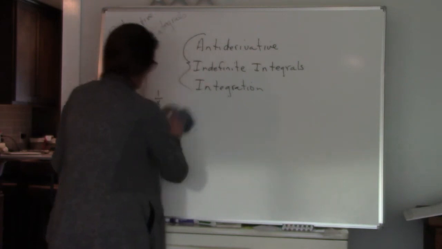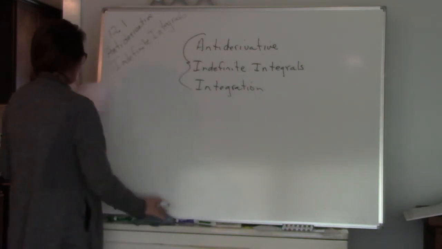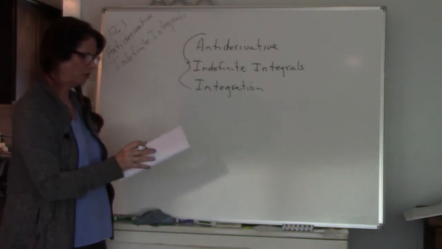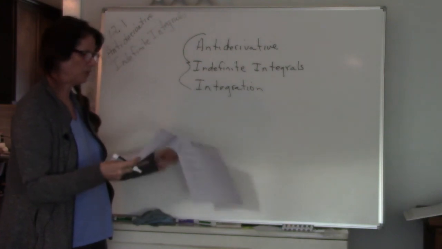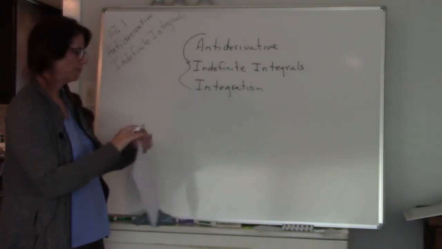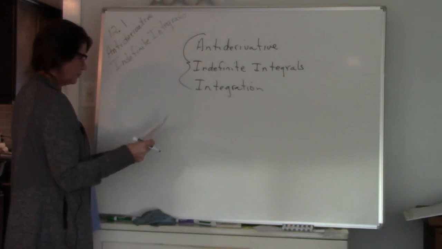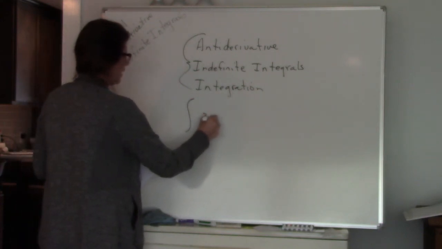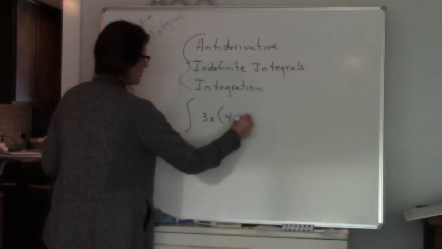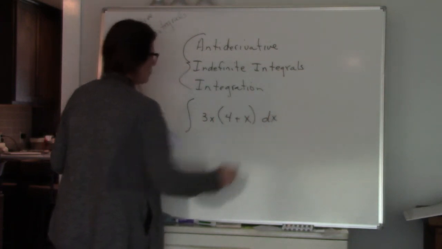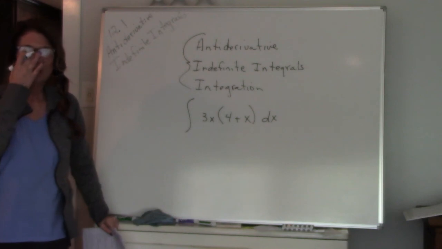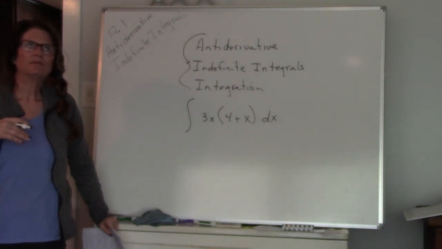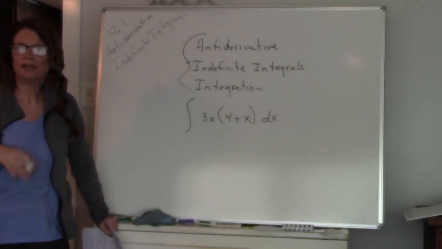So now with antiderivatives, just like we did with derivatives, you can take it part by part. So let's see. The antiderivative of 3x times 4 plus x dx. Okay, so there is no product rule or quotient rule in antiderivatives, which is very good news.